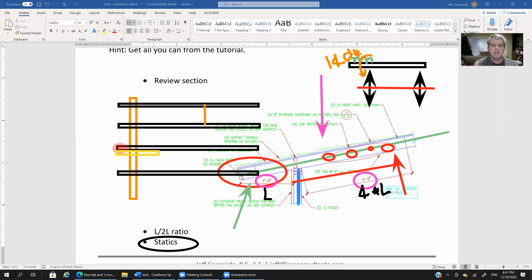Is this connection going to be good enough? Sure. I'm going to bank on that one nail being able to resist 40 pounds. Look at what I have ignored. I haven't taken into account these nails here, or the additional nails in this connection. I also did not take into account that there is load on this portion of the rafter that resists that 140 foot-pounds.